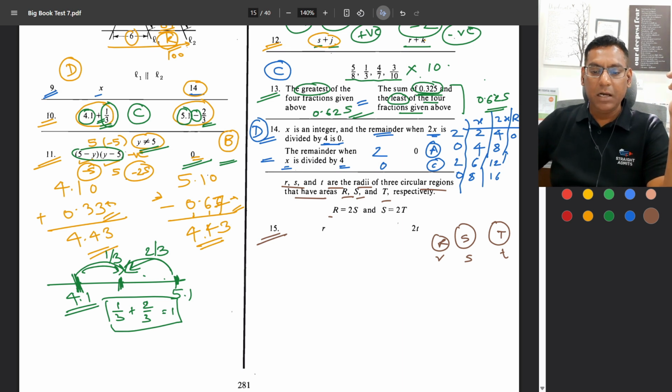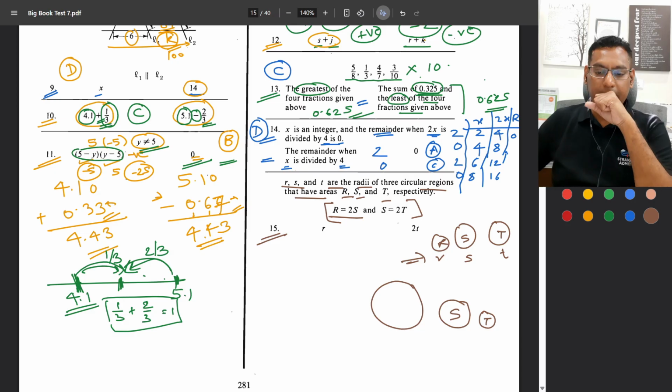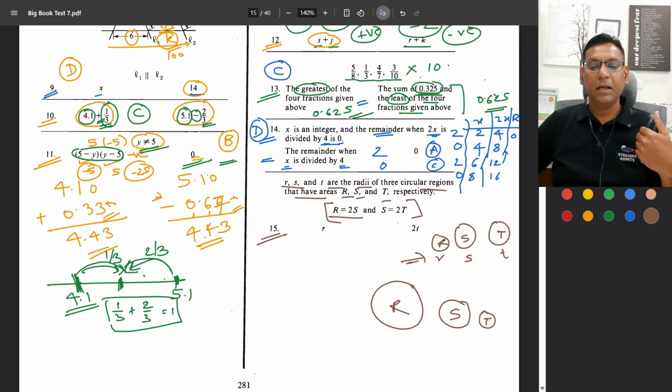R is equal to 2S, S is equal to 2T. So let's say T is small, double of that area is S, and double of that area is R. So what can I say about R and T? Those are the terms that need to be compared.